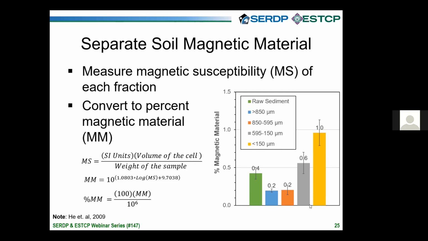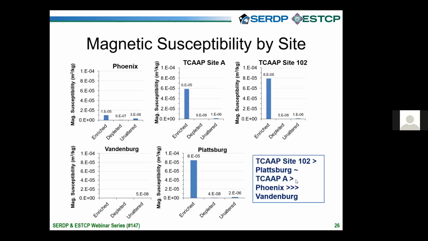But I don't show on this slide the weight fraction, and the smallest fraction was the lowest amount of weight. So we wouldn't have enough material if we used just that smaller fraction. So we ended up deciding to use the full 850 micron material, and I'll show you in a minute that gave us adequate enrichment in magnetic material.